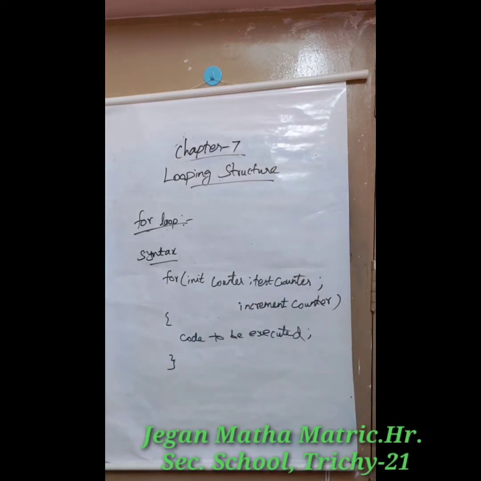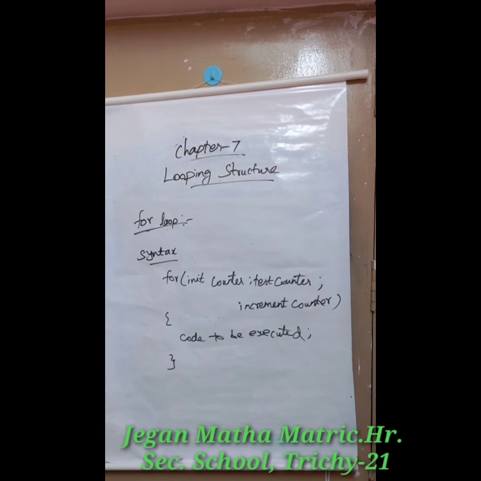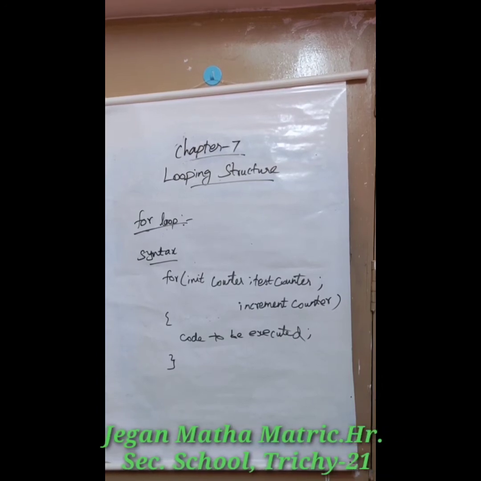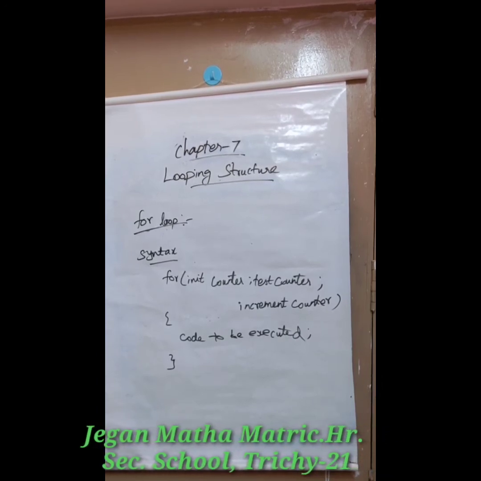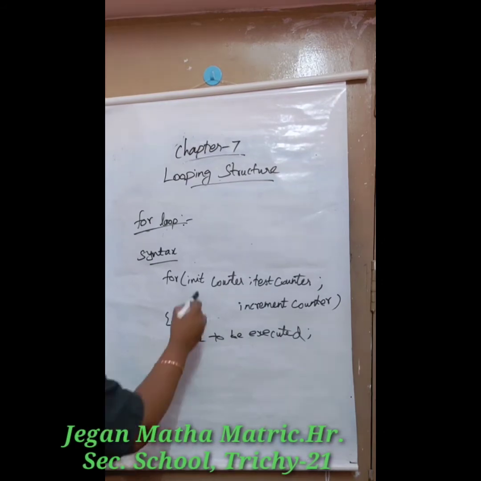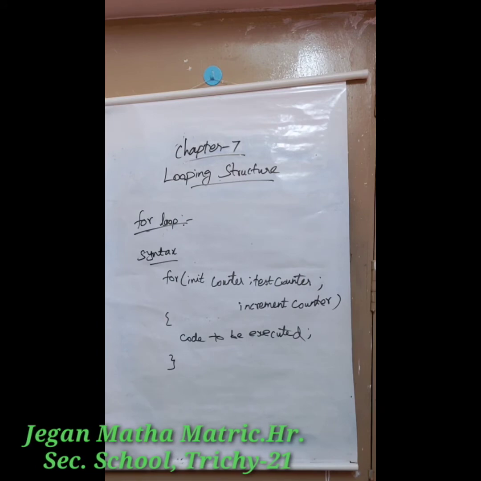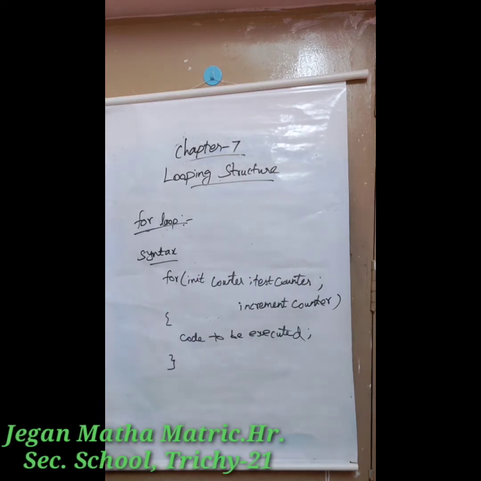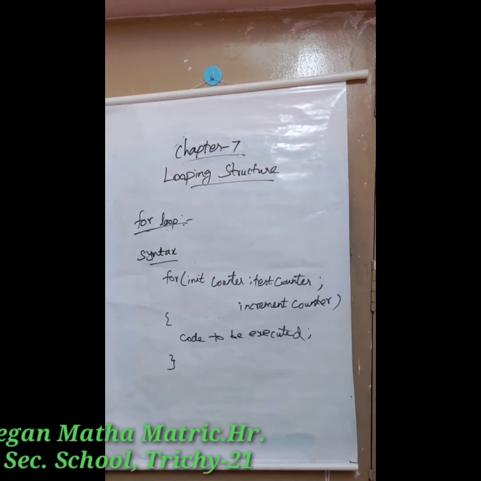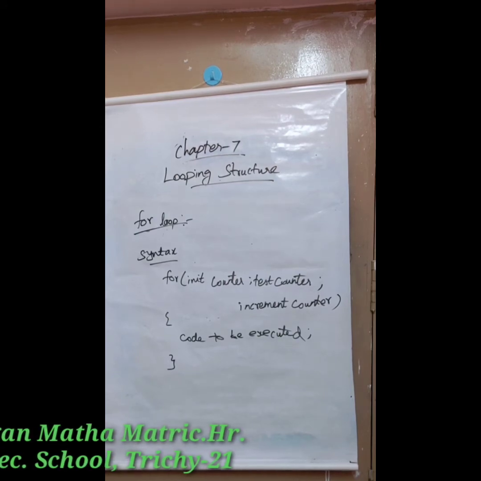The first one is the initial counter. It is used to initialize the loop, the starting value. The second one is the test counter. It is evaluated for every iteration of the loop.